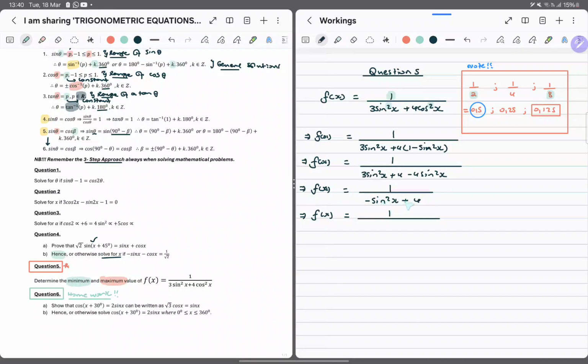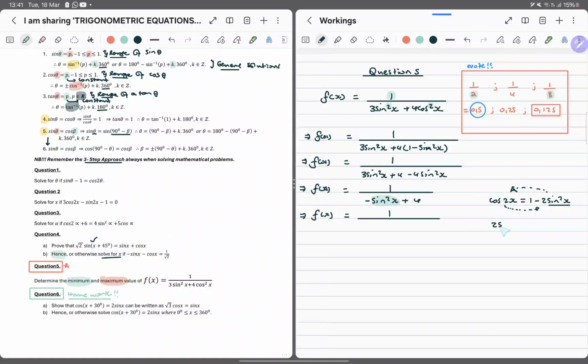But now we can see that we cannot have a situation where the sine is squared. If we've got sine squared, can we change this into something else? Yes, if we think of cos 2x, this can be expanded as 1 minus 2 sine squared x. Now if we isolate sine squared x, what is going to happen? We transpose it to that side, and then we transpose this to that side.